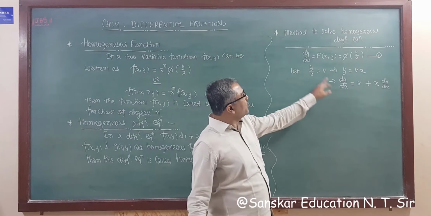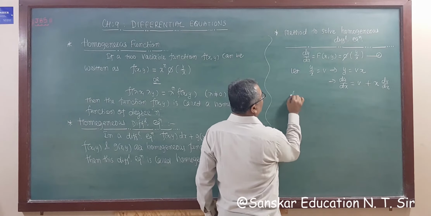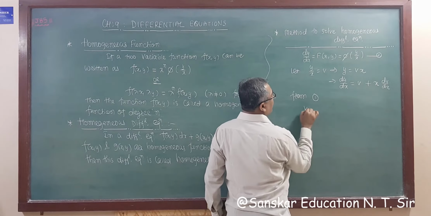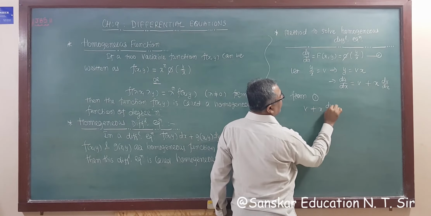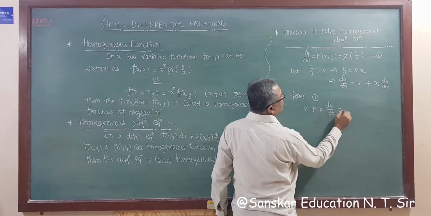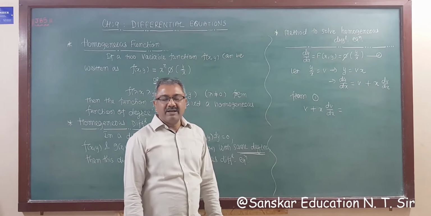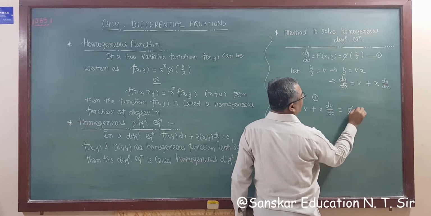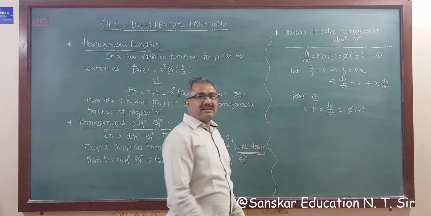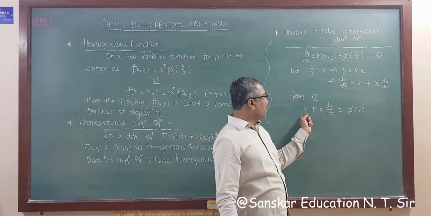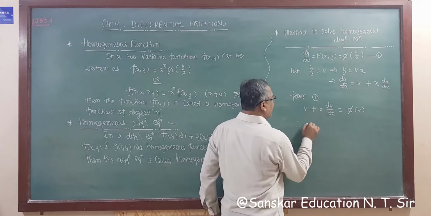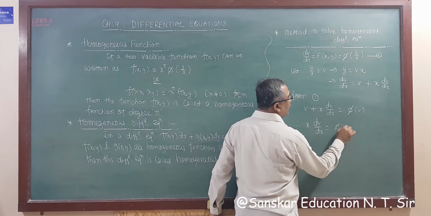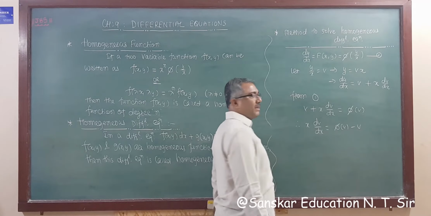So from 1, substituting dy by dx, we get v plus x dv by dx is equal to function of y by x, which is a function of v. Now taking v to the right hand side, what do we get? x dv by dx is equal to function of v minus v, right?